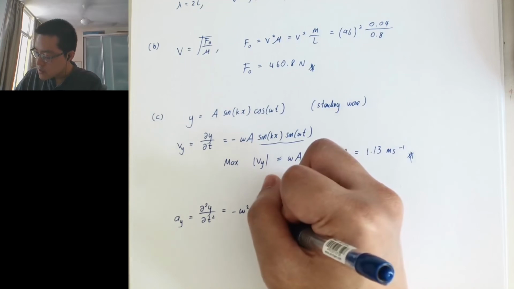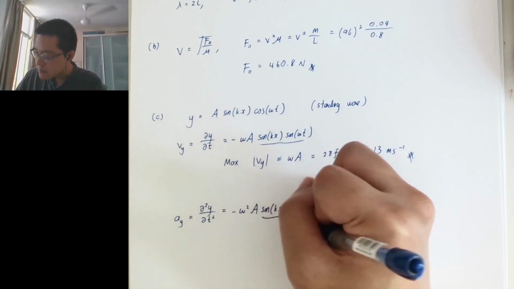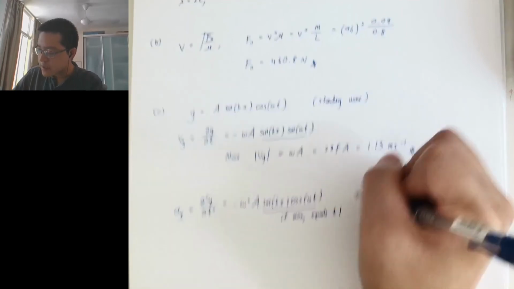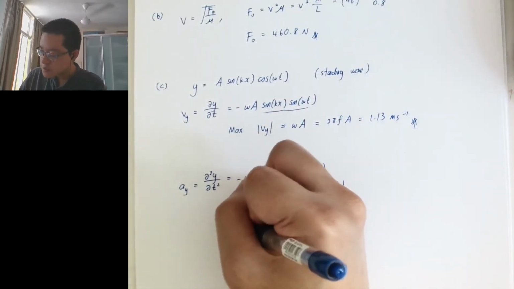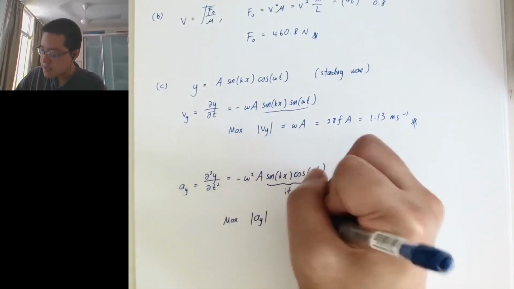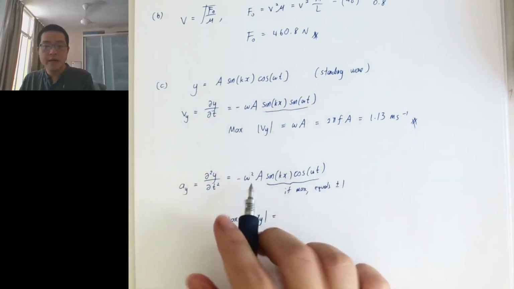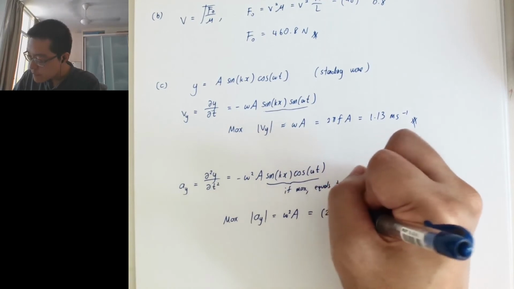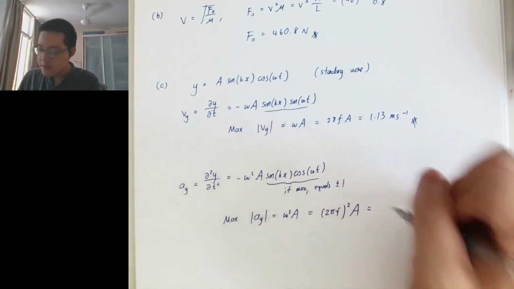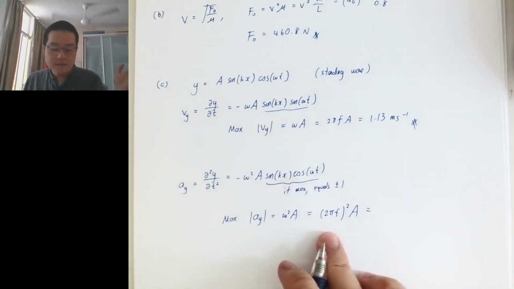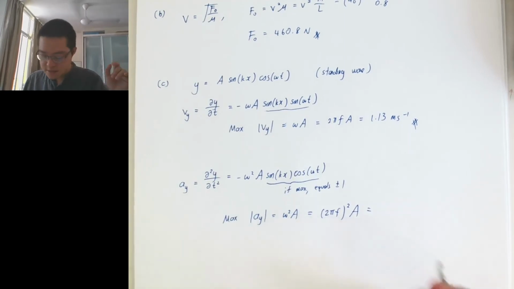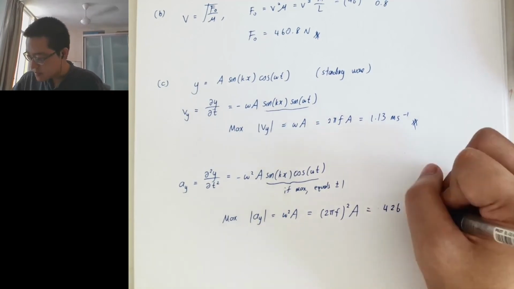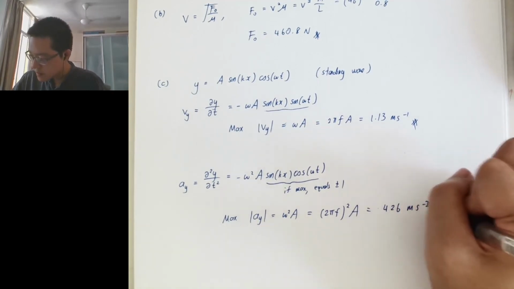If maximum, this equals plus or minus 1. So my maximum transverse acceleration is just omega squared A. So it's (2 pi f) squared times A. And f and A are given. So square this times this, you get 426 meters per second squared.